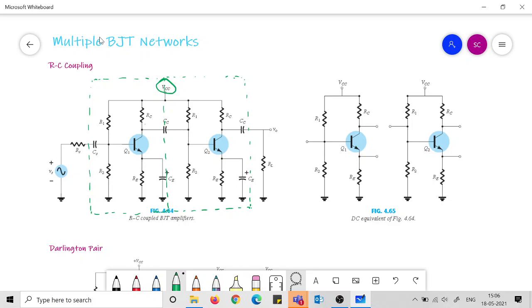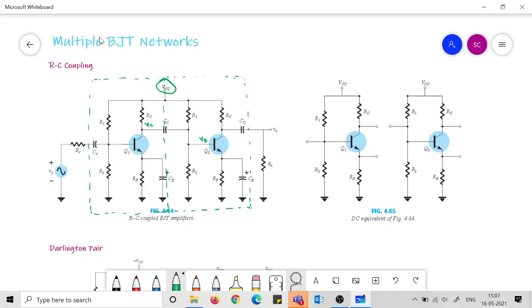So here the VC point of the first network, this is the VB point of the second network. So the output signal is going to the input of the second network, but these are connected through a capacitance. This makes all the difference because it is not directly connected.